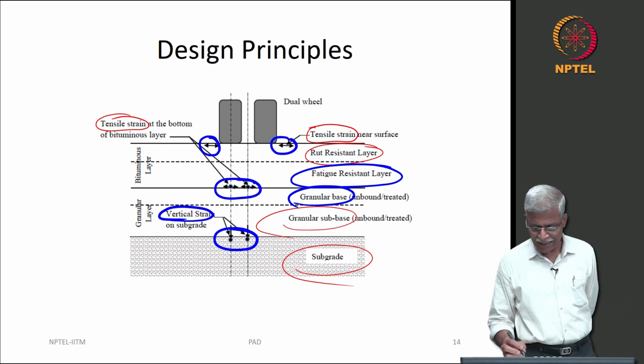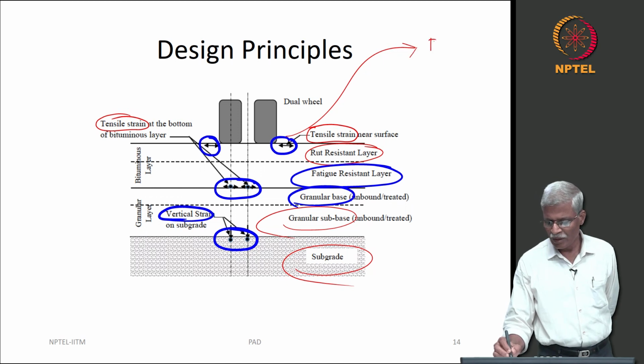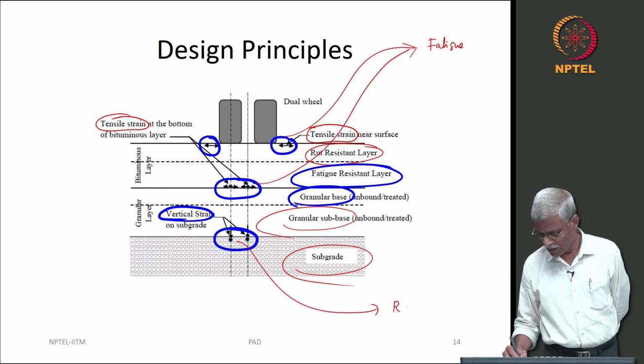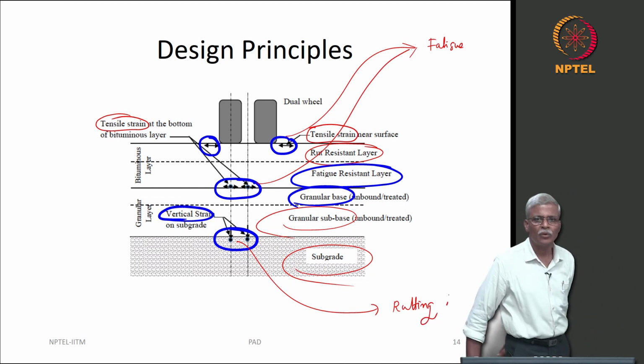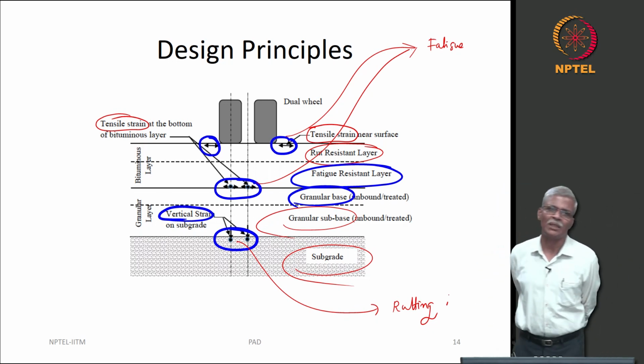So, what is the idea here? So, this has something to do with the fatigue and this has something to do with the rutting. Okay. So, this is the assumption that is followed in IRC 37.